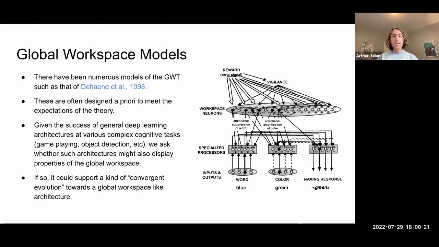And therefore, we wondered whether some of these modern architectures may also display properties of the global workspace. And this could support some kind of convergent evolution in the sense that you have these two totally different processes, one actual natural evolution, the other this kind of evolution of ML architectures towards a similar kind of thing.